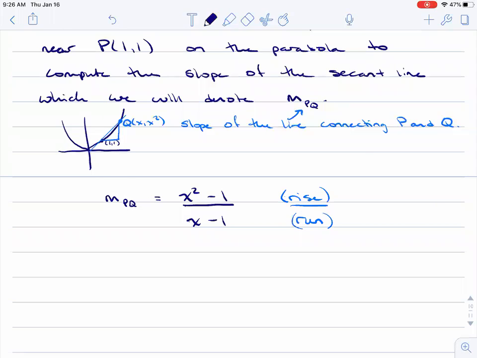So a nice point for Q might be at x equals 1.5. We can plug that in. 1.5 squared puts us at 2.25, and so now we're at 1.5 and 2.25.